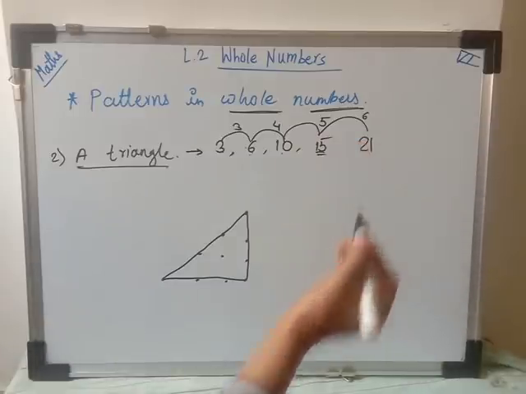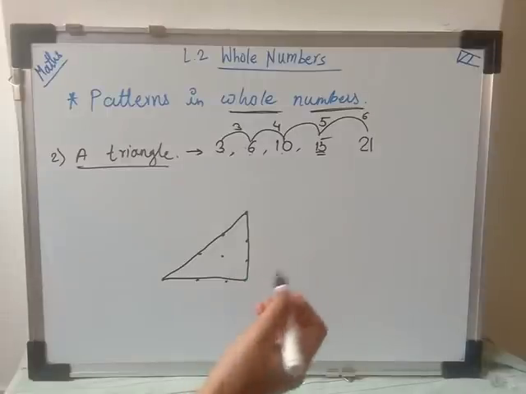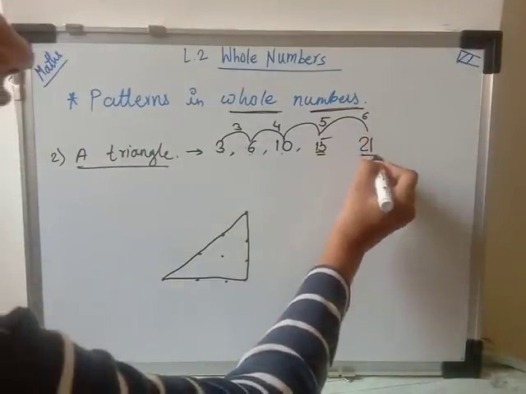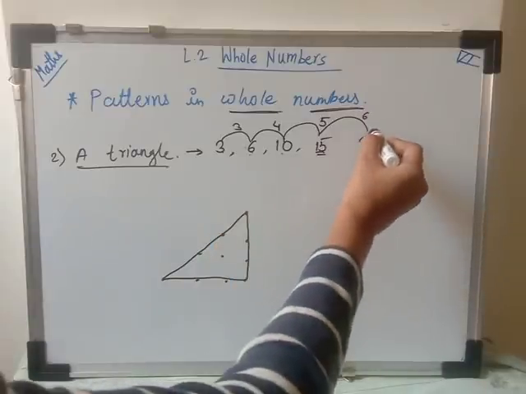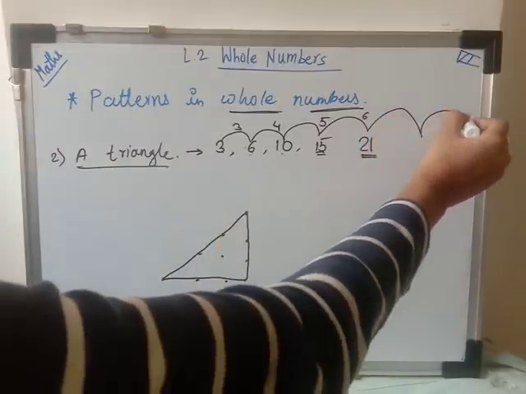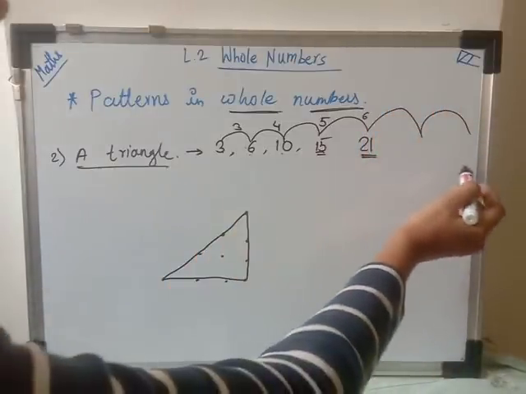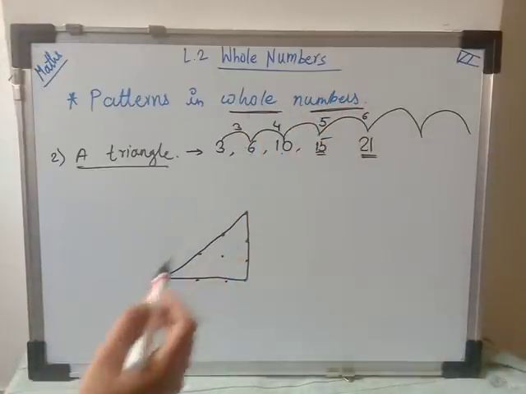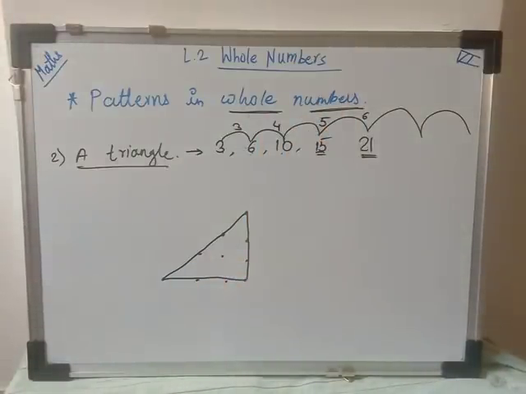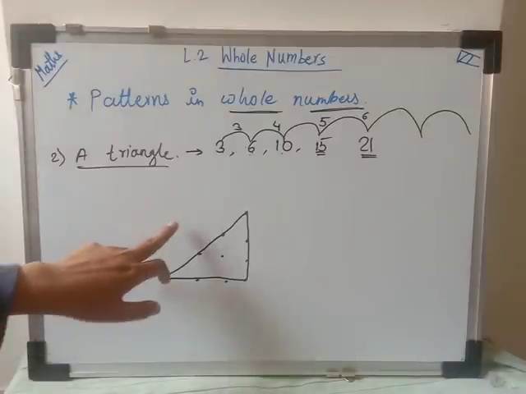So the next number we use to make a triangle is 21. In that way you can find out which whole numbers we can use to make a triangle. This is the one trick you can use.